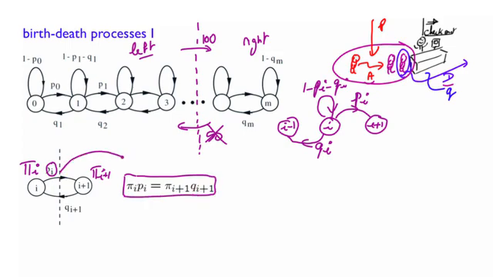So this is the frequency that we observed here of this transition, and these are the frequencies of these transitions, and they have to be equal. This has a nice form because it gives us a recursion. If we knew pi i, we can calculate pi i plus 1 as such.